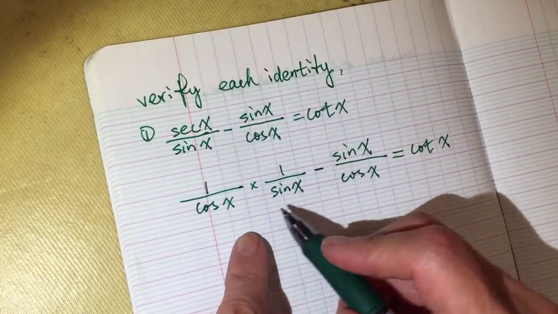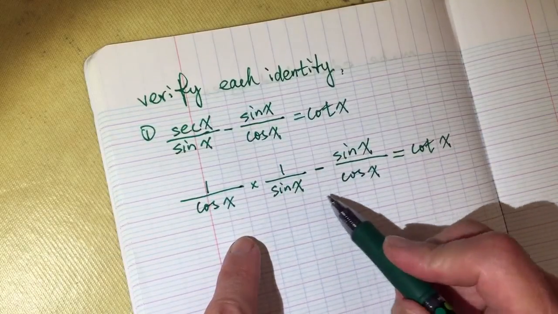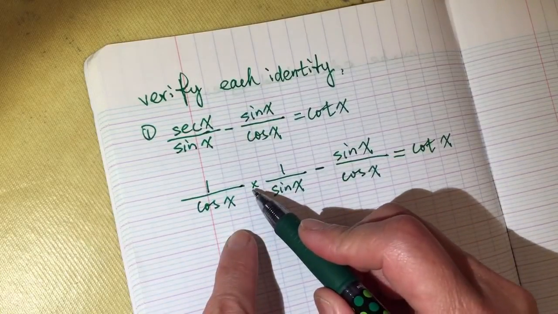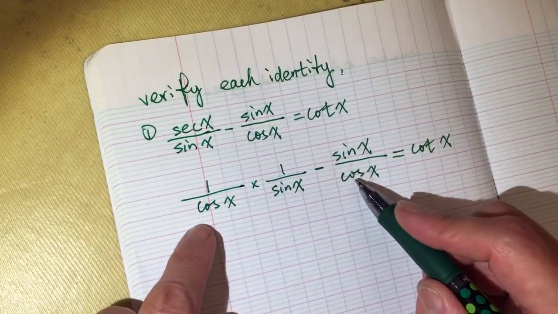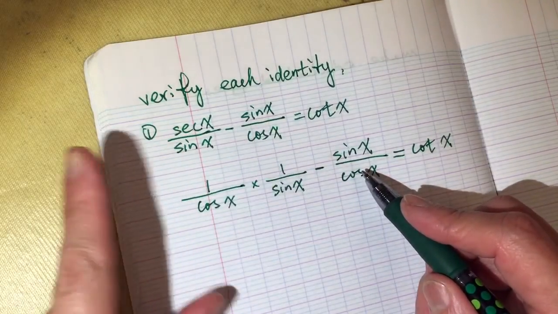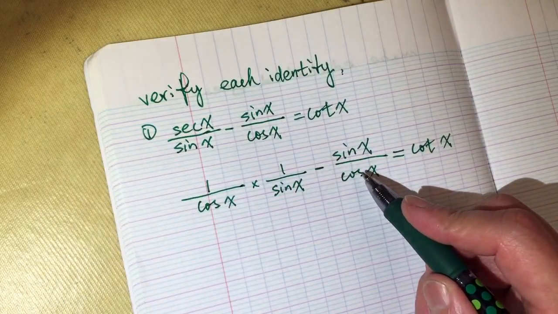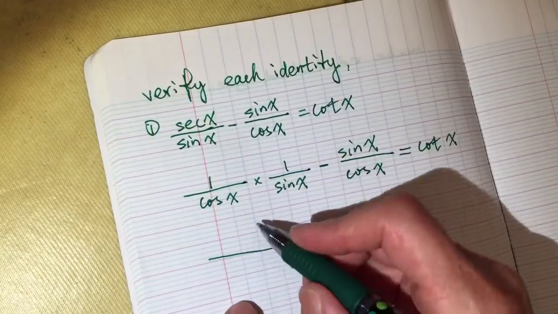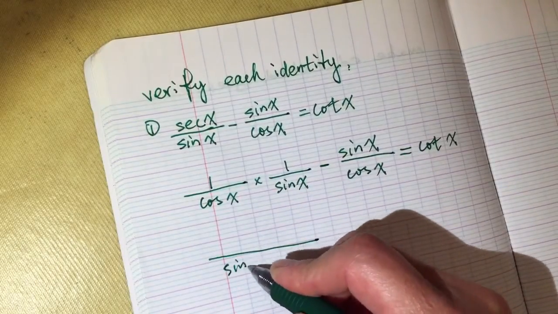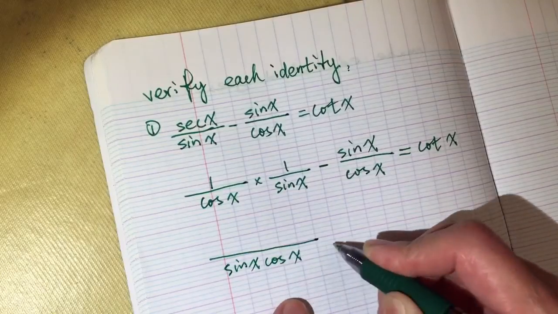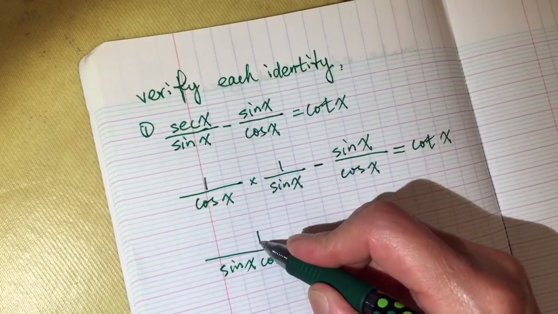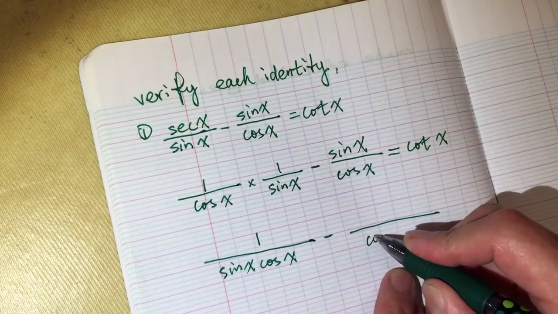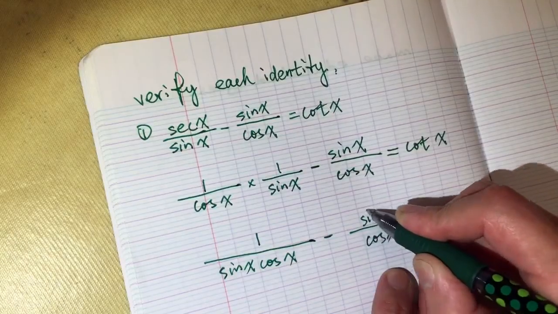We continue to do it because this one is a fraction with different denominators. So first thing when you see it, you need to change into the same denominator. This side is sine x cosine x as denominator, and numerator is 1, and minus cosine x over sine x.